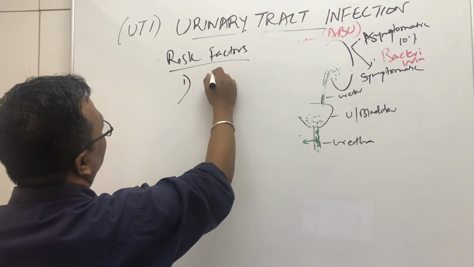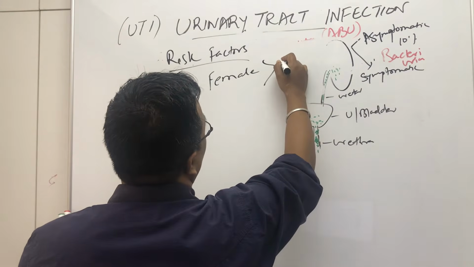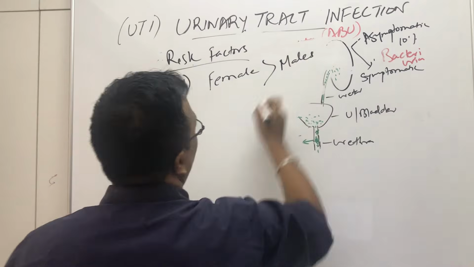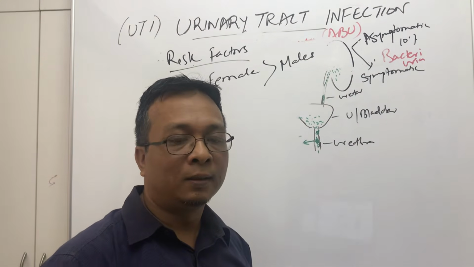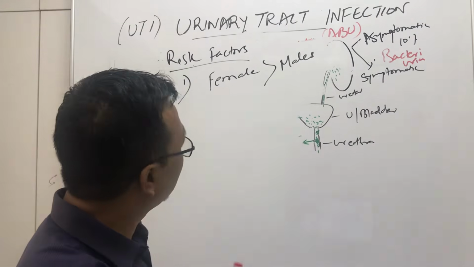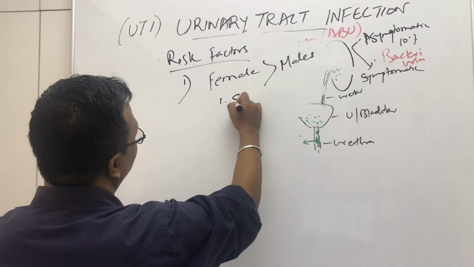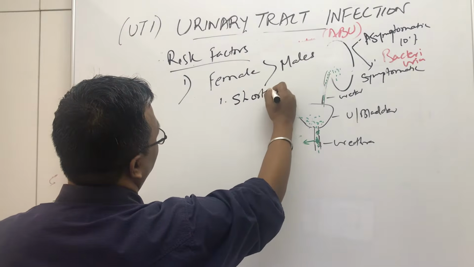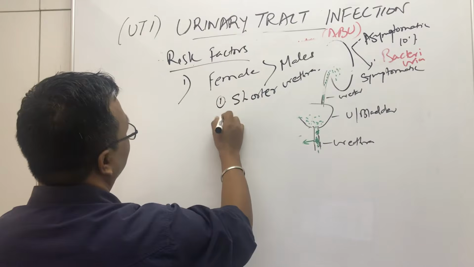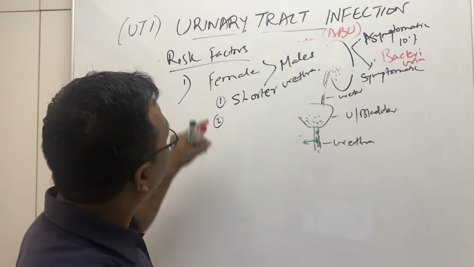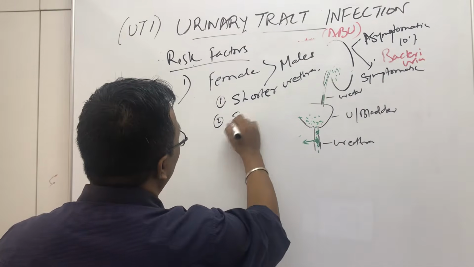Number one, females are more prone to UTI than their male counterparts. Why? As I discussed in the last class, females have a shorter urethra. Second, there are also some social issues.